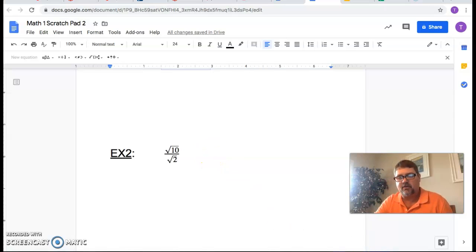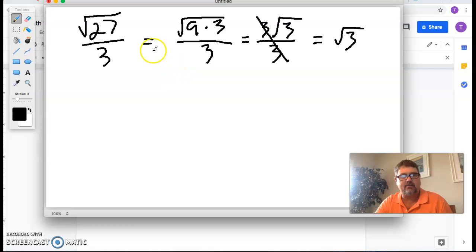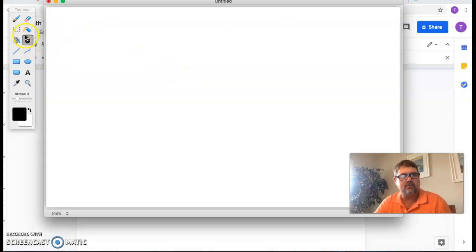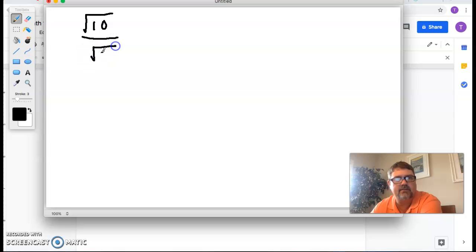So I'm going to take care of it right here. We had the square root of 10 divided by the square root of 2, and we need to simplify this. I would say you could rationalize this denominator, and you could, but I'm going to show you a trick. The simplest way to see this is using the property in reverse.